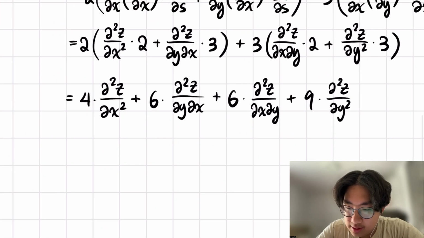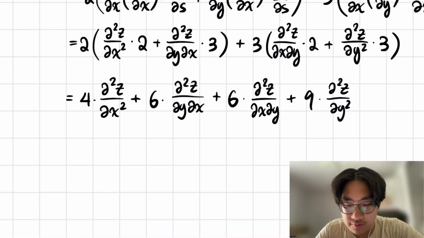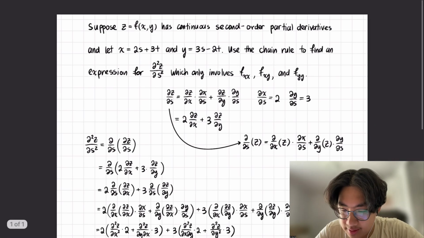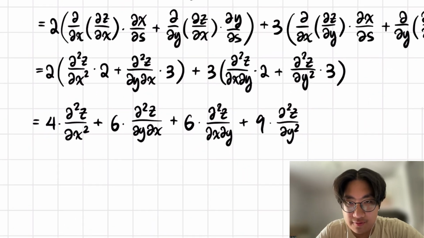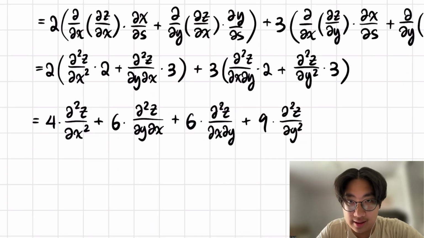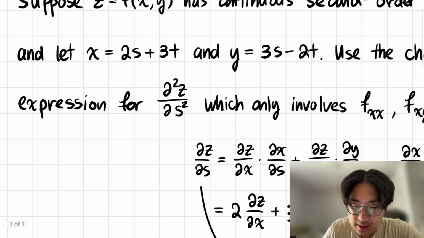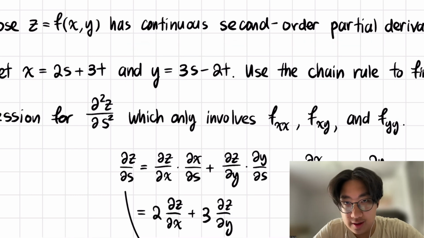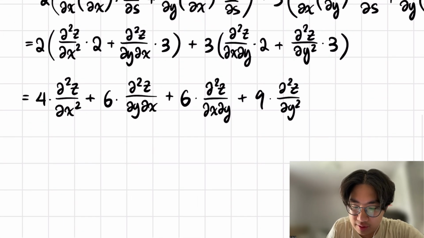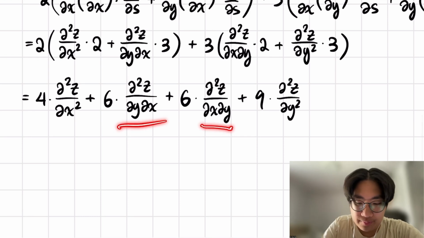Okay. And here is effectively the final part of it. We're almost done. Notice we do need everything in terms of f_xy, f_xx, and f_yy. In this case, notice the assumption that we had here. We assume that it had continuous second order partial derivatives, meaning we can employ Clairaut's theorem, meaning these two right over here are actually equal.